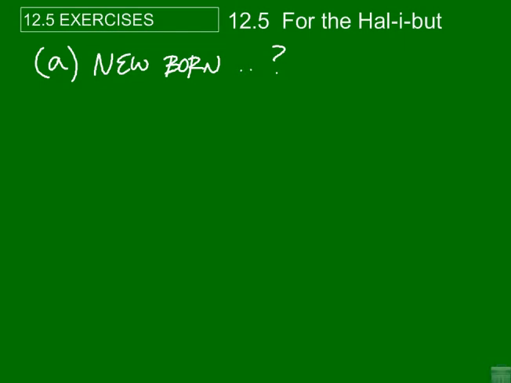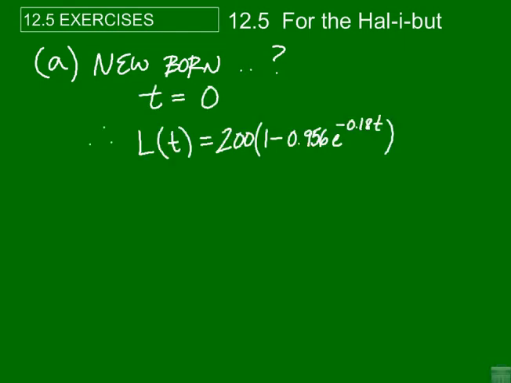So a newborn is going to have a t-value of 0, right? So they're 0 years old, which is right now Isaac is a little over 0. He's a decimal, some little decimal. He's about 9 weeks old, 10 weeks old. But for all practical purposes, he's 0 in years. So if we want to calculate a newborn halibut, we have to give him a 0 for years.